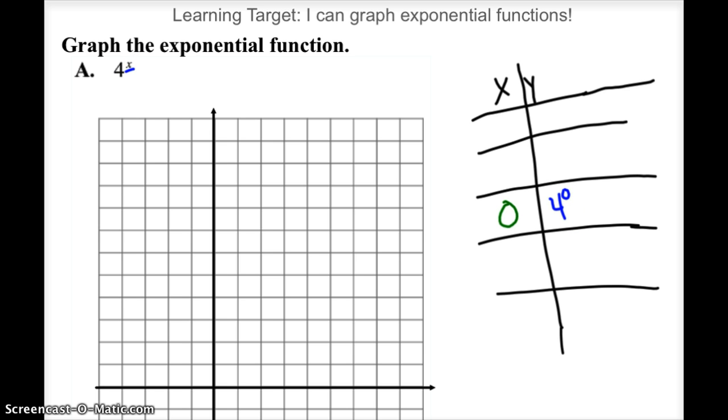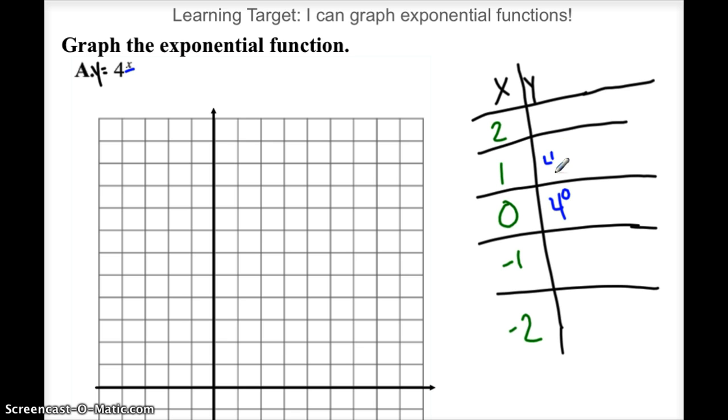I guess technically I should have y equals here since it's a function. Once you find this middle of the road point, plug in x's 2 above and 2 below, and you'll get 5 nice points that you'll be able to see this L-shaped curve, and you'll be good to go.